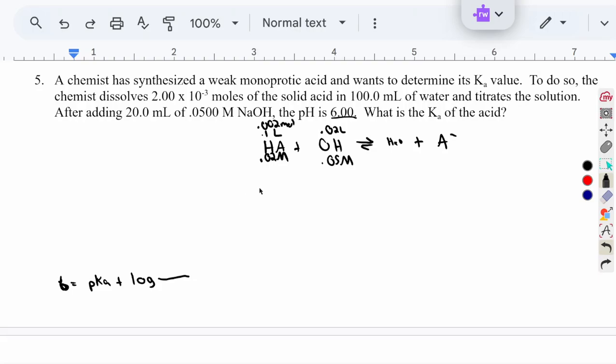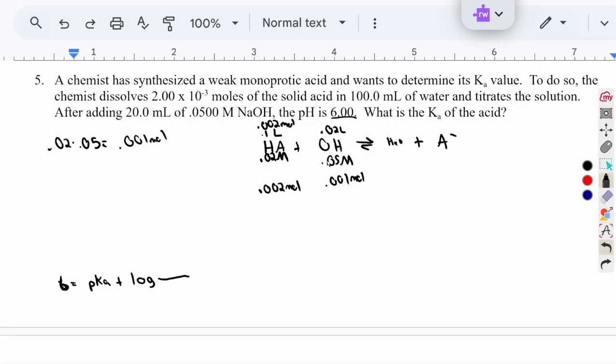All right, so this is what we're going to do. We're going to do 0.002 moles of our acid. Let's find the moles here. That's 0.02 times 0.05, and that gives us 0.001. 0.001 moles of OH.